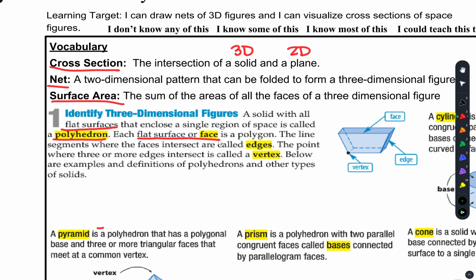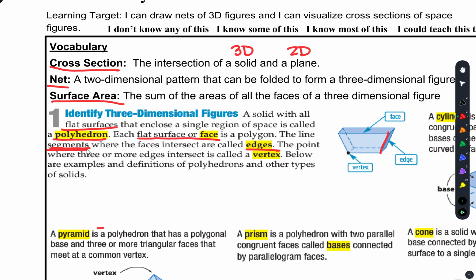And those flat faces that we're going to see are shapes that we already know: squares, triangles, hexagons, pentagons, whatever they are. They're all going to be polygons we're familiar with. When I connect two faces up, like imagine we're welding and we have a seam in the middle, they're joined by edges. Edges are segments.